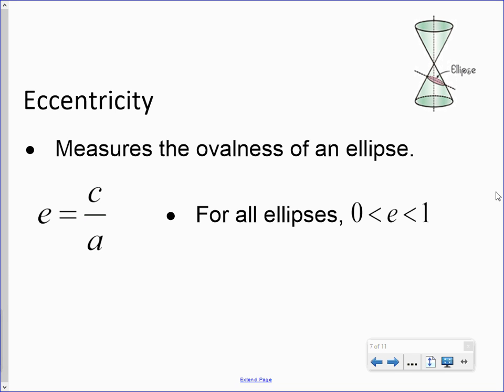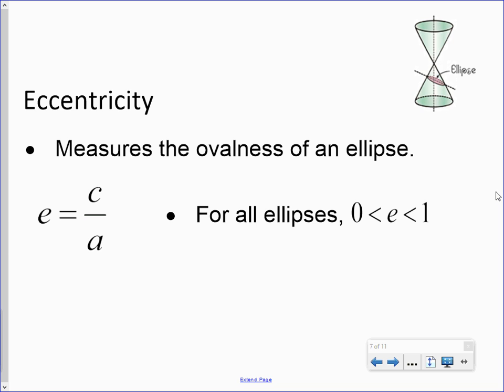The distance from the center to the focus and the distance from the center to the vertex are the same. That would be a circle. So you can think about eccentricity like this: the closer those are, the more round they are, and the further apart, the more oval it's going to look. That's just a ratio.